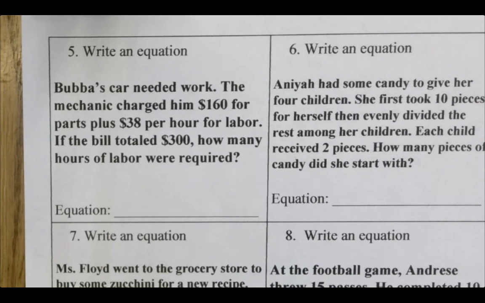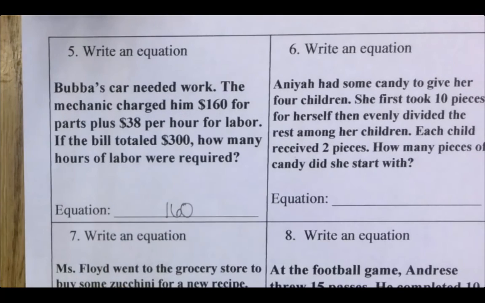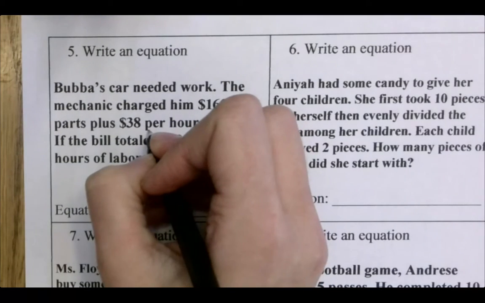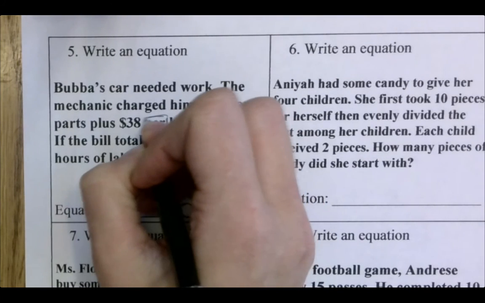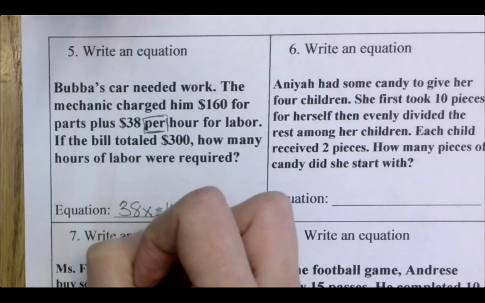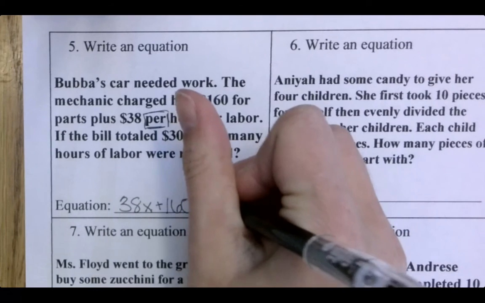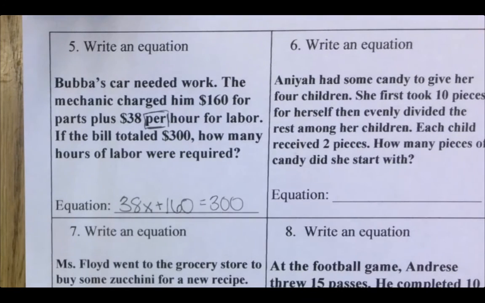What is our flat rate, our starting value? $160. What's the one that's going to go next to X? 38. Remember, we like this per. This per is a really great typical thing for us to see to know what one goes next to X. And then that means our total, which already tells us that, is 300.